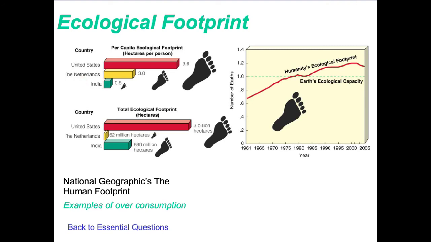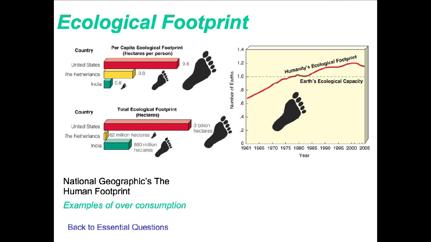Someone from the Netherlands, which is in Europe, if you were unsure on that, takes up 3.8. Someone from India, only 0.8 hectares. Now, that's per capita, but if you look at total ecological footprint, so everybody together, the United States takes up 3 billion hectares. The Netherlands, 62 million hectares, and India, 880 million hectares.